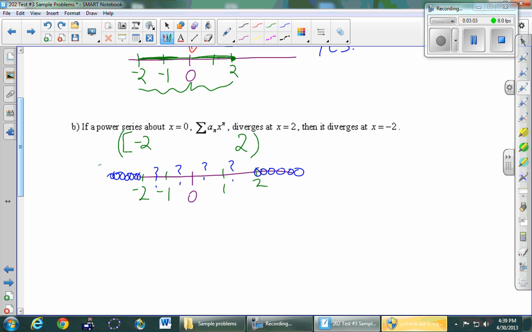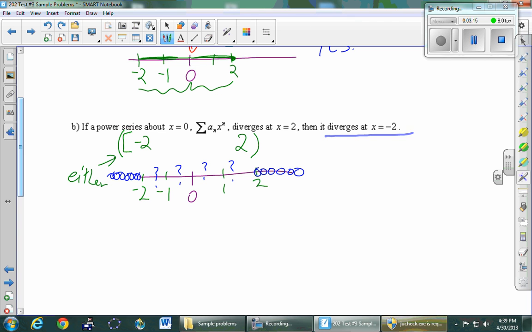It could be either one. And if it could be either one, then can we say definitively that the series diverges at x equals -2? I can't. It might diverge if it were open for the interval of convergence, but the series actually could converge at -2 and diverge at 2. So this statement is false.